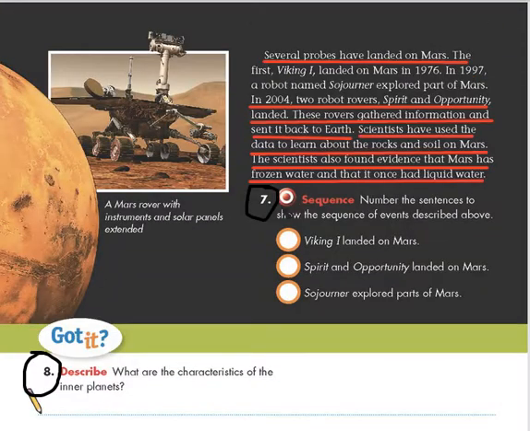So to sum up our lecture today, we talked about the last two inner planets, which are Earth and Mars. We learned that Earth has a lot of reasons to make living things be able to live on Earth.